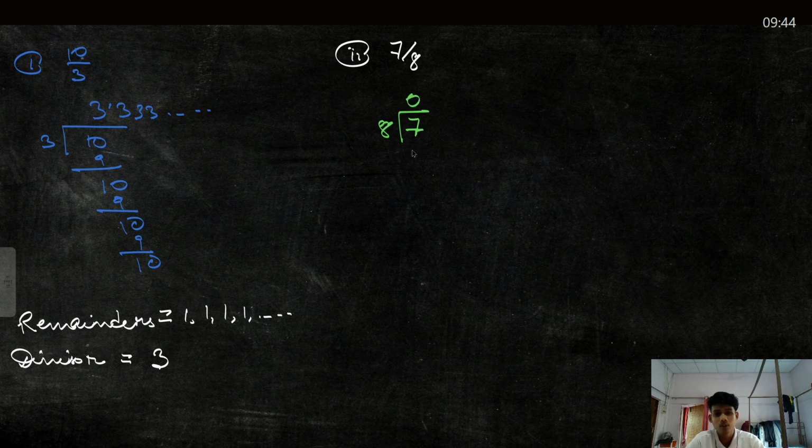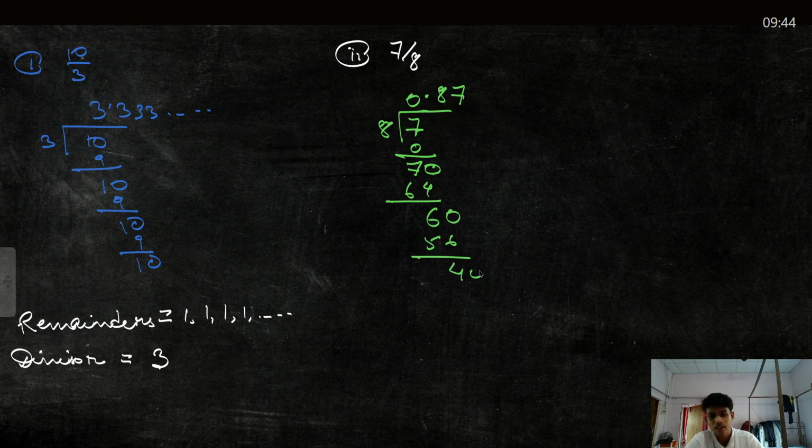So 8 times 0 is 0. Here comes 7 again. We give a point, then it becomes 70. Now 8 times 8 is 64. 70 minus 64 becomes 6. Then again 60. 8 sevens are 56. Comes 4. 8 fives are 40.